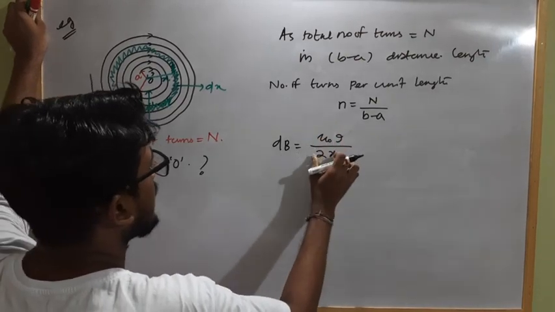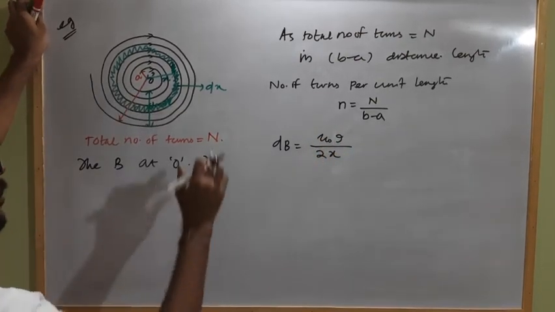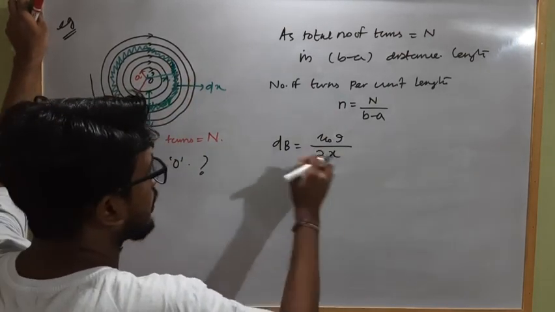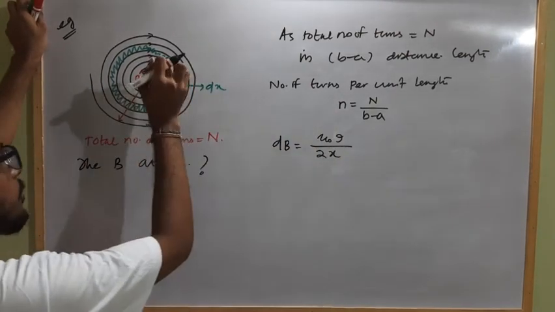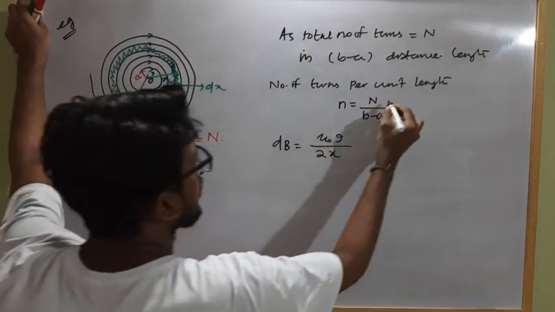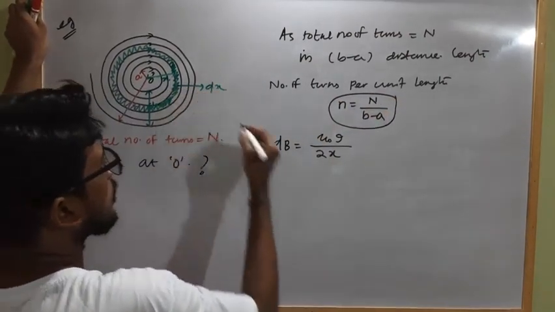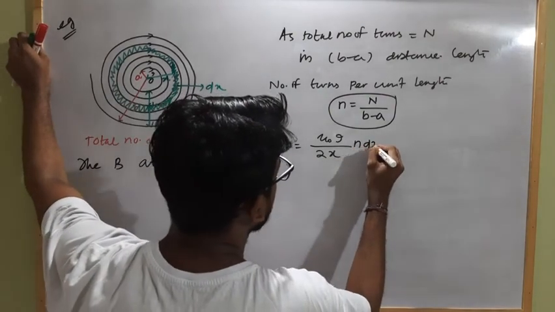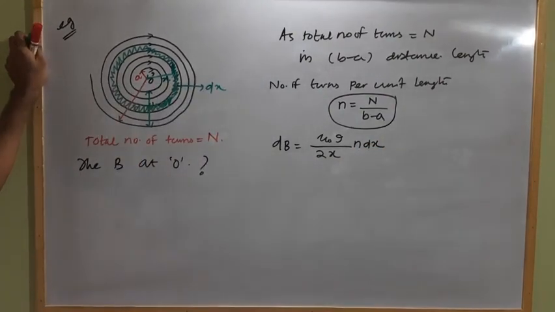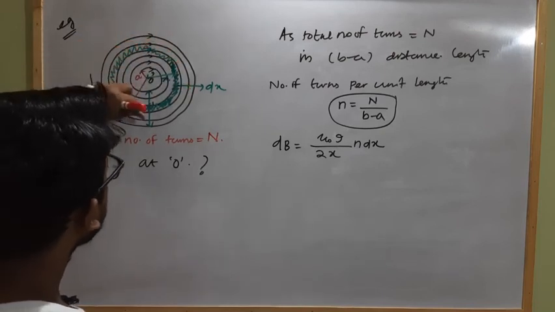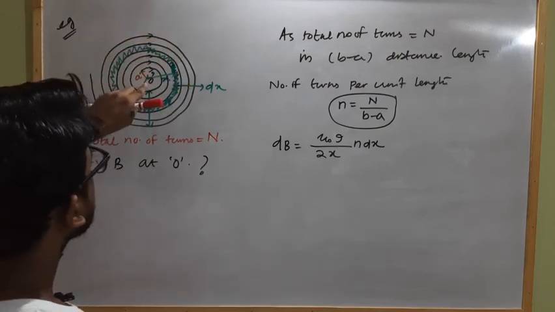This is due to one coil, but the total number of turns in dx length will be, this is the number of turns present per unit length. So in dx length, what is the number of turns? n into dx.